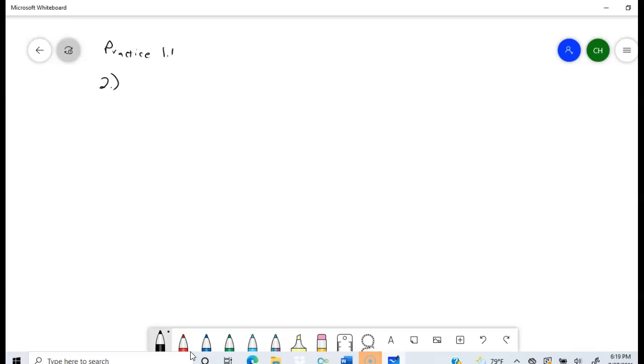It wants us to rewrite 3 times m times n without the dots. So there's 2 different ways. You could do it this way, but I can tell you the most common and the most efficient is going to be this way.